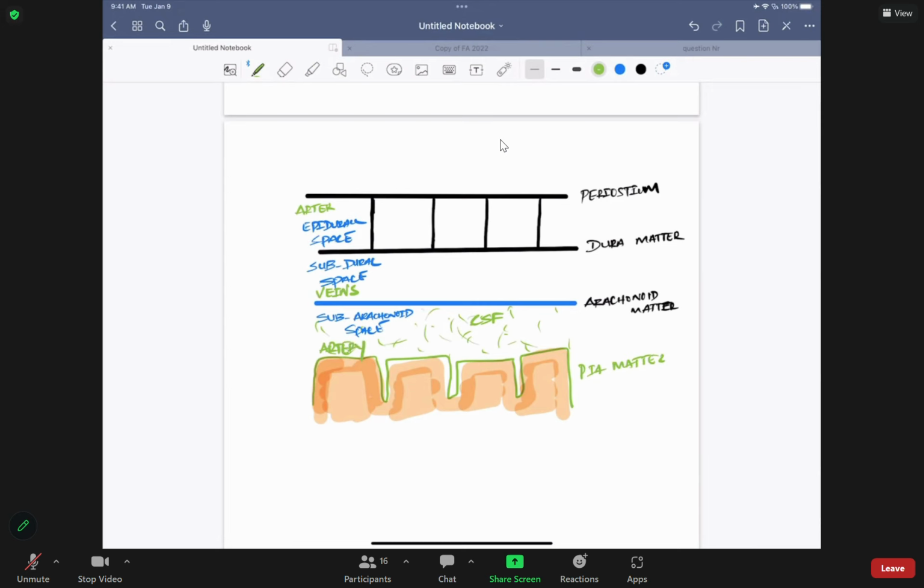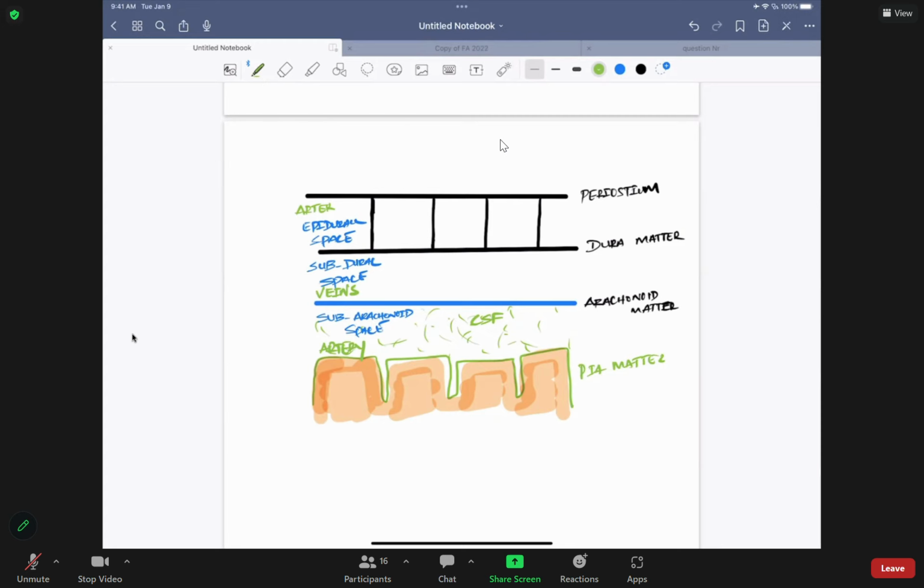Your circle of Willis and all those things are floating in CSF, okay? Anybody has any questions so far?